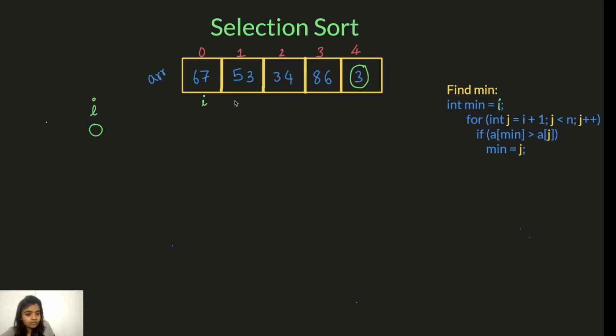Then you go from I plus 1, which is j, all the way till n, and if you find an element which is smaller than the assumed minimum element, then that element index will become the minimum. Alright, so you keep doing it for every single element, and at the end you will have the minimum element.